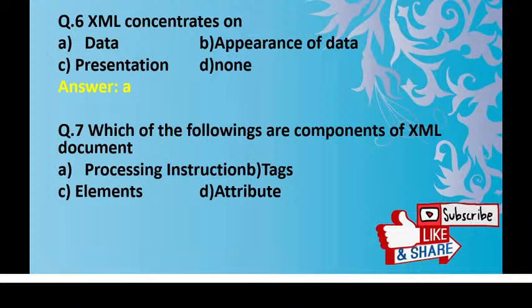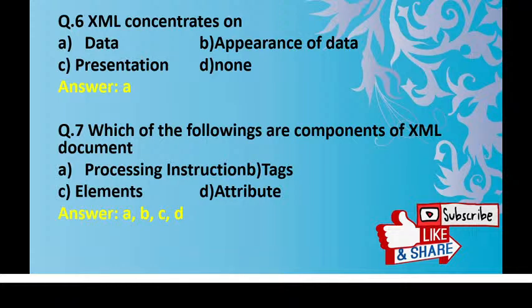What will be the answer? Type your answer in the chat box. Akshada replying A, Pooja replying D. But the correct answer is all of these, A, B, C, D.